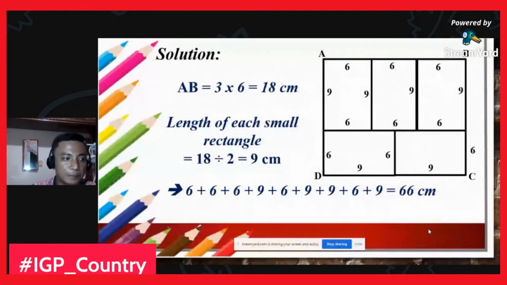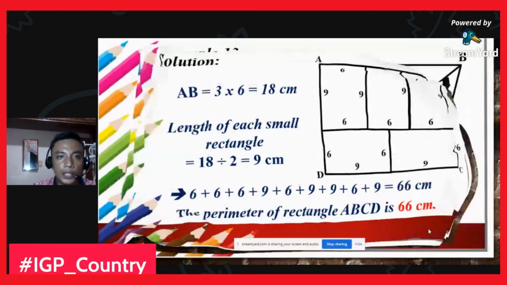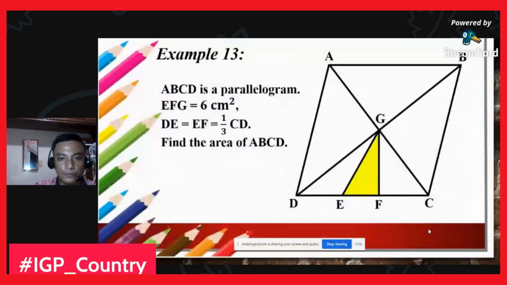Did we arrive at the same answer? Next, example number 13. ABCD is a parallelogram wherein the area of triangle EFG is equal to 6 square centimeters.